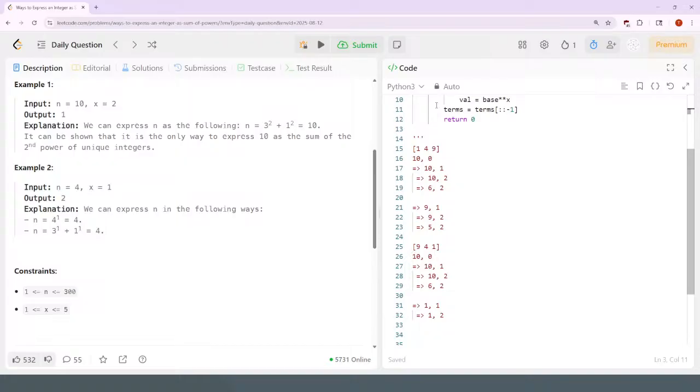10, 1. I guess when I pop the stack, what does that mean? When I see results, so 10, 1 becomes 10, 2, 6, 2.